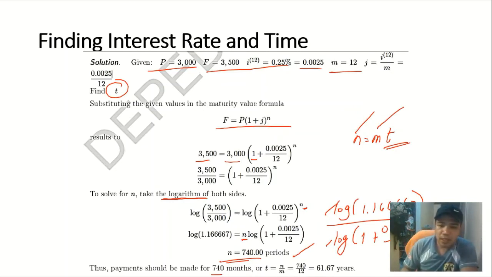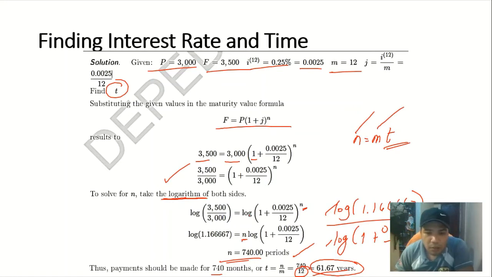Now, if I want to get the time in years, I divide it by 12. So 740 divided by 12 is 61.67 years. That is the time that is missing in this formula. Once again, we are using logarithms. We apply the logarithm to both sides, and the exponent goes to the front by the property of logarithms. Then log of 1.166667, which is 3,500 divided by 3,000, equals n times log of (1 + 0.0025 over 12).